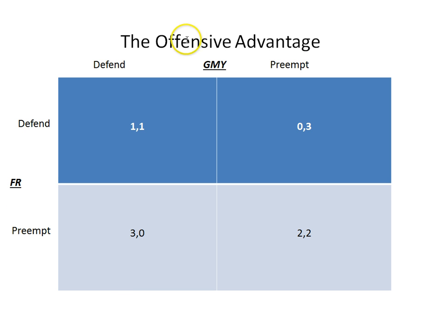If Germany decides to defend, and France had decided to preempt, meaning strike early, and Germany was taking a defensive posture, it means that Germany has a terrible payout. It gets 0. France gets its highest payout, 3. France doesn't have a higher payout anywhere on this box. You have 1, you have 0, you have 2, and you have 3. So France really pays off here.